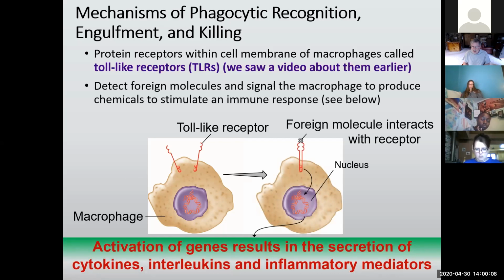Okay, and this is exactly what I was talking about earlier. This is what the video will talk about. And when that foreign molecule combines with the pathogen receptor, I always forget the name of it, the toll-like receptor, pattern recognition receptor of the white cell, that can set into motion, as I said earlier, activation of genes, which results in certain chemicals being given off, in this case by the macrophage, that can kill the foreign invader.